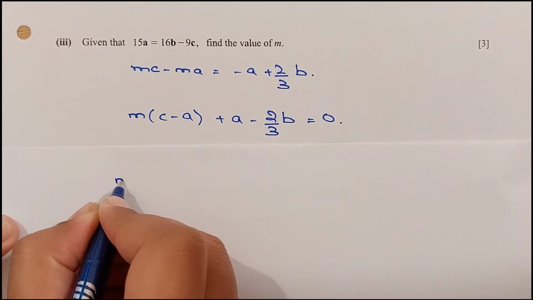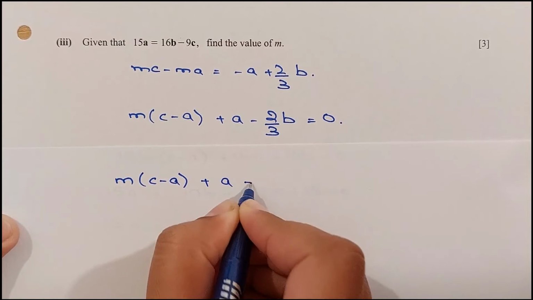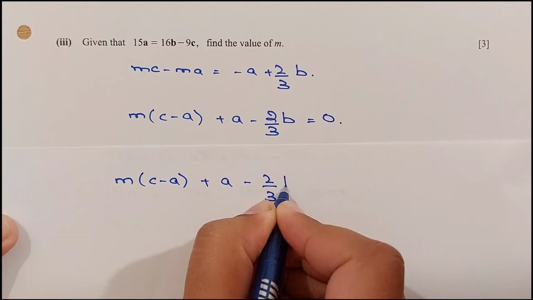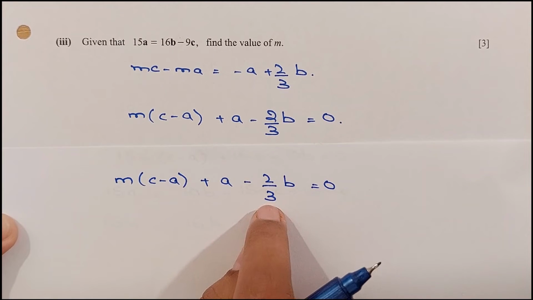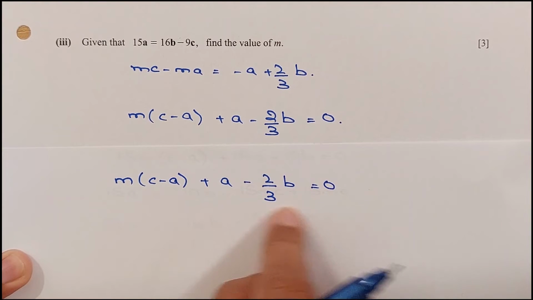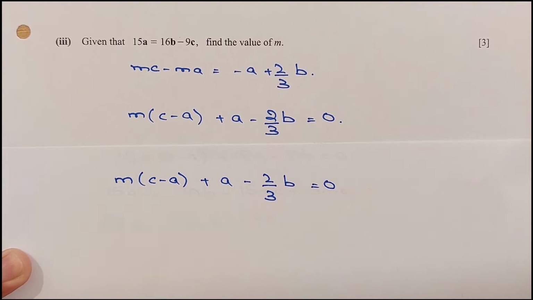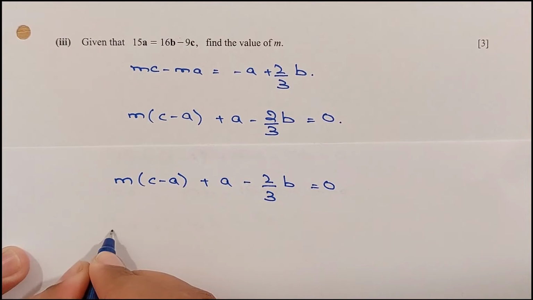If we have M(C minus A) plus A minus 2 by 3 B equals 0, we have to make 16B. So how can I make this equal to 16? We have to multiply throughout the equation, taking 3 as the LCM.